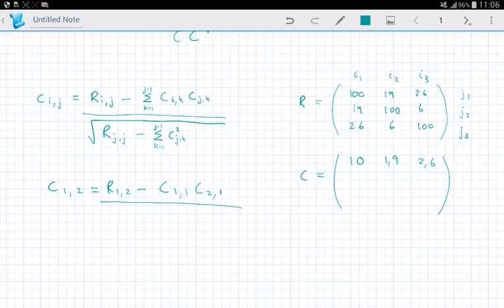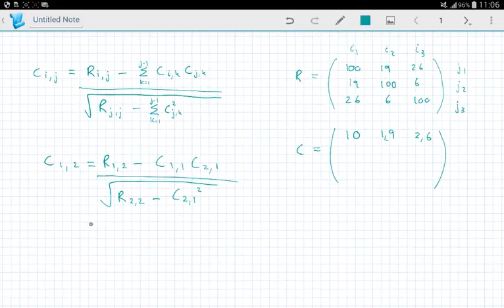This notation is weird. And then it will be R22 minus C21 squared. Now C21 is this value over there.